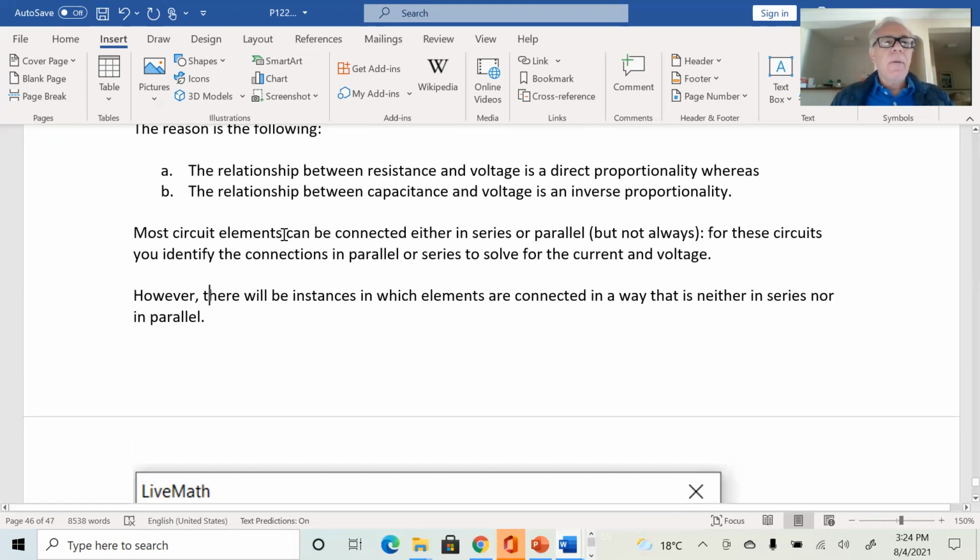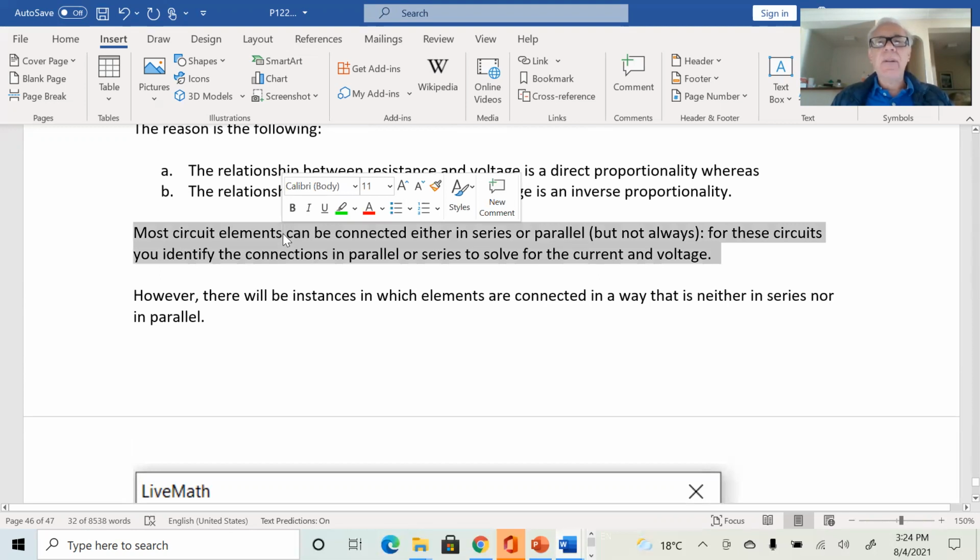You must train yourself to identify those connections in series and those in parallel.